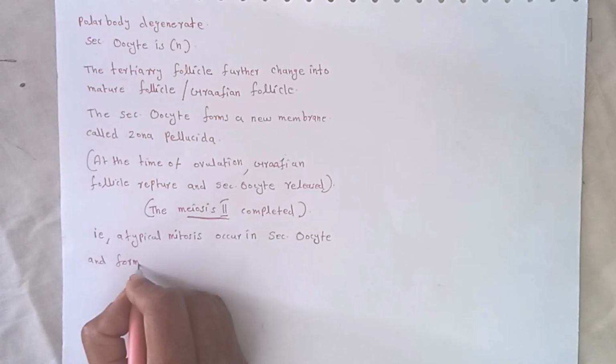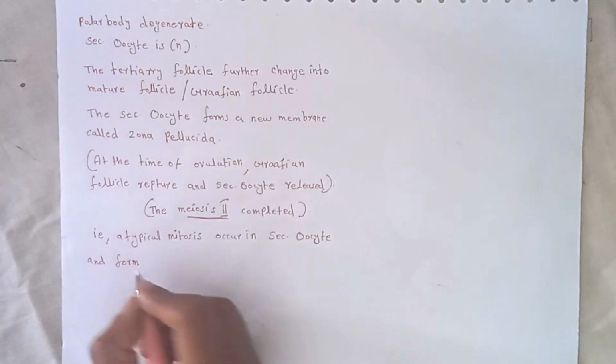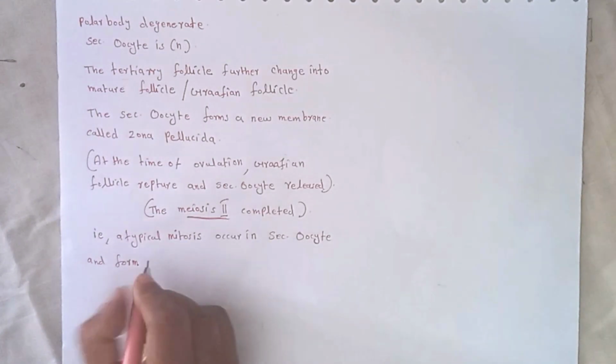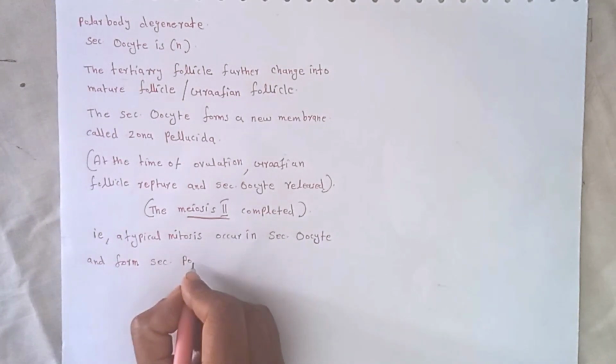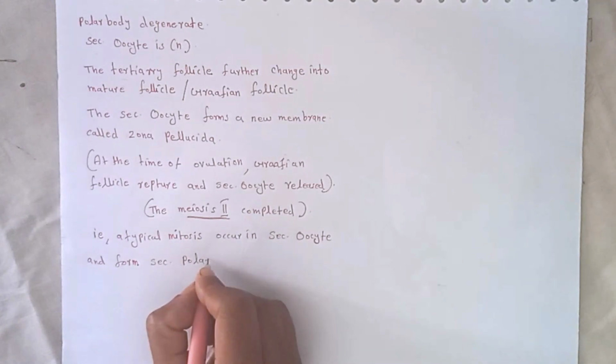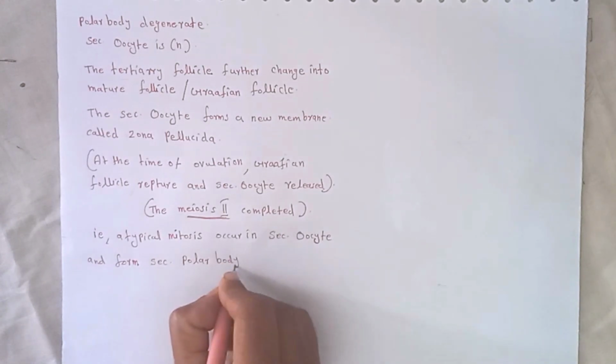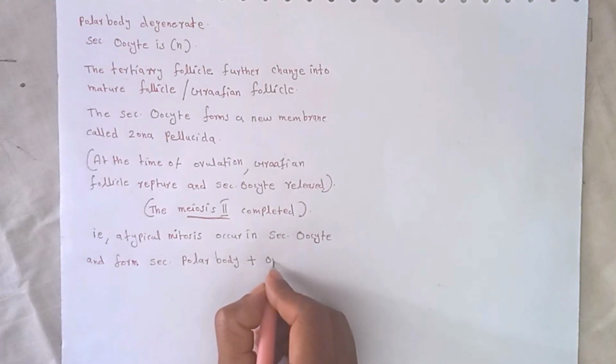The ovum is already haploid. There are two polar bodies formed, the first polar body plus the secondary polar body, along with the ovum.